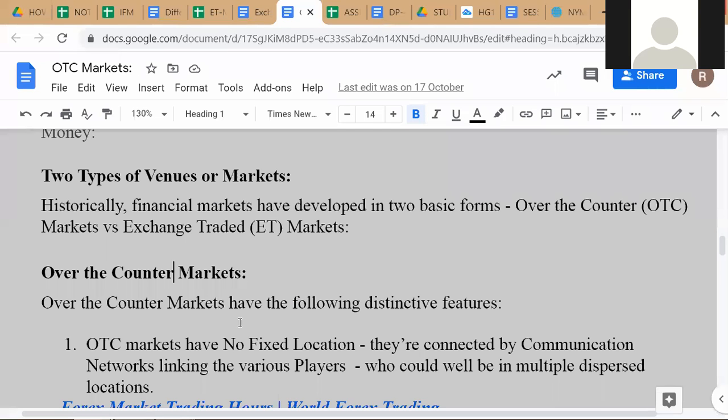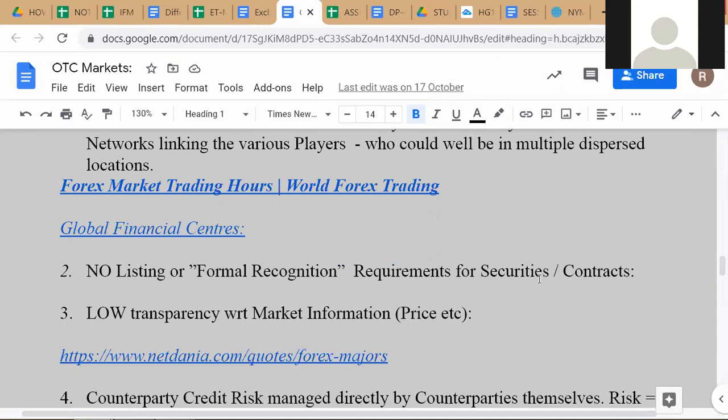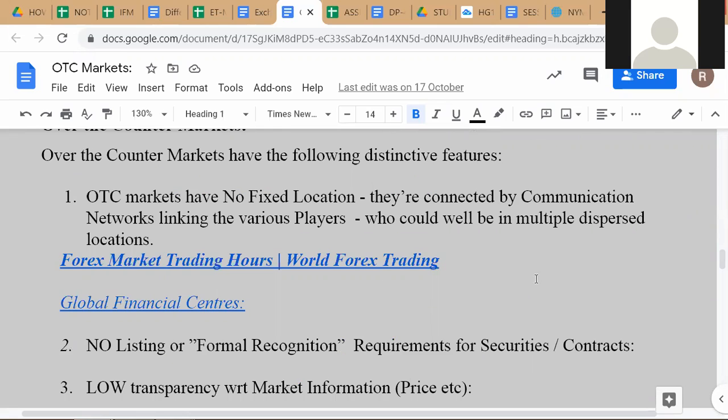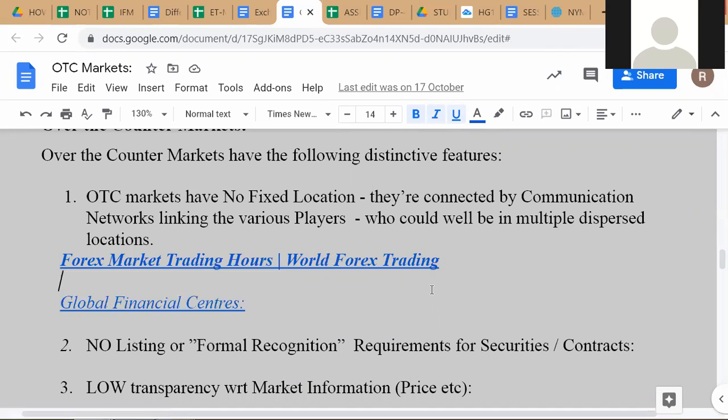Right, so let's look at it. We have two forms, OTC and ET. You can read this stuff. I think they have actually removed this link.